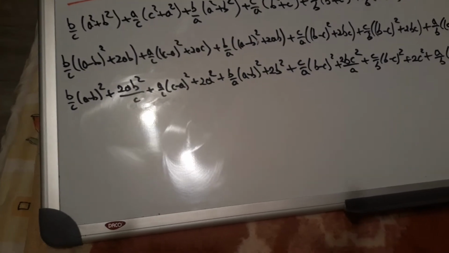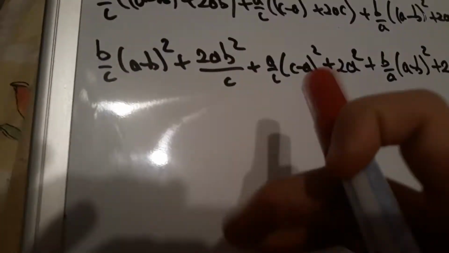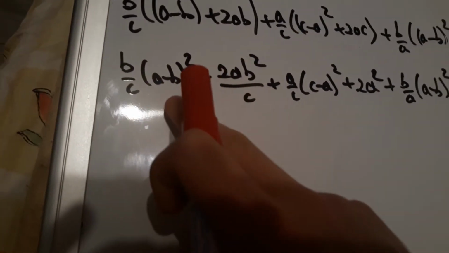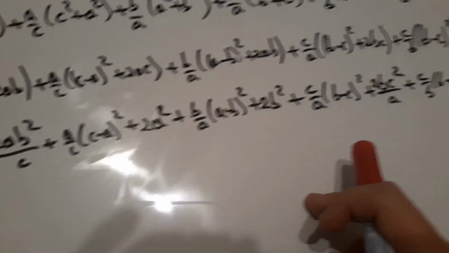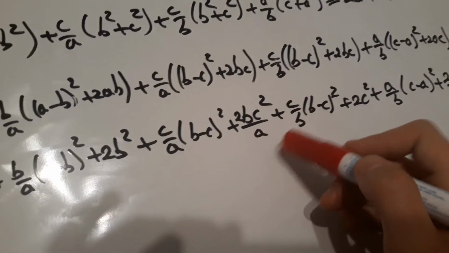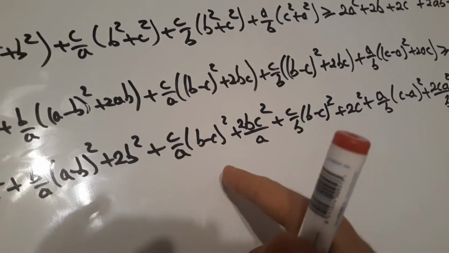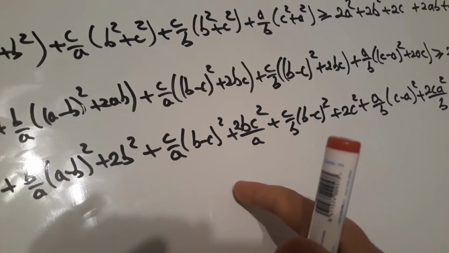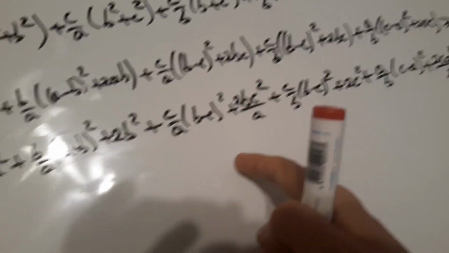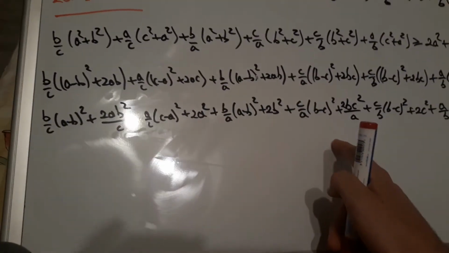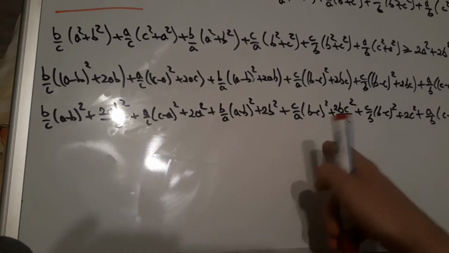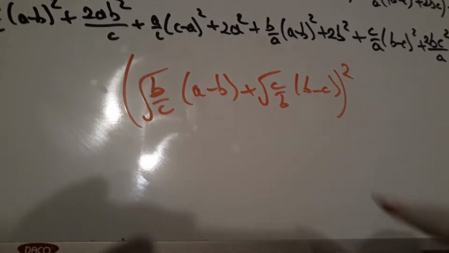How about the next binomial? Because here we have b over c times something, and here we have c over b times something. I'm thinking that b over c times c over b is equal to 1. So how can I do this? I have an idea. Let's take a look at this binomial.